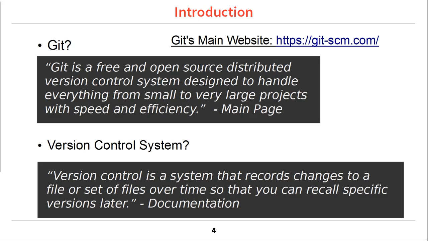But now after reading that, it raises the question of what is distributed, and what is a version control system. We'll answer the first question about what is distributed later in this lesson. For now, a version control system is, as the description from Git's documentation states below, a system for tracking changes to a file or a set of files for later use if needed.